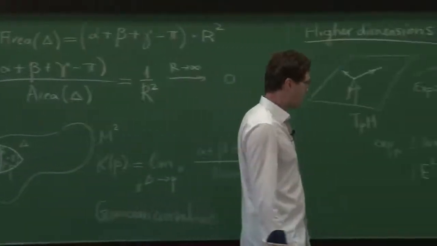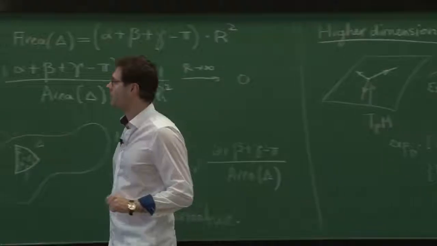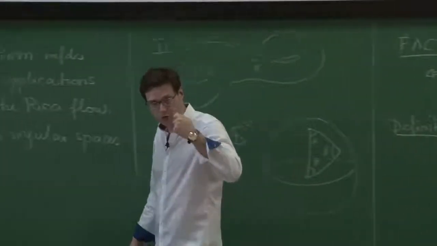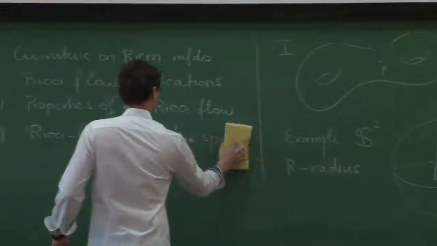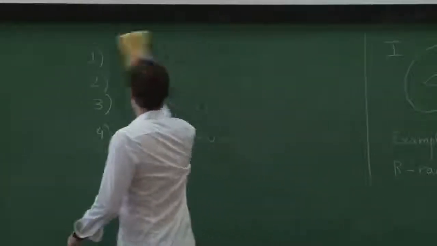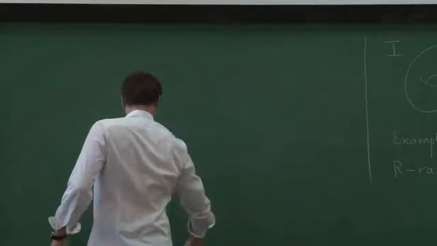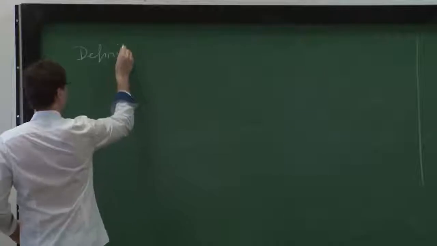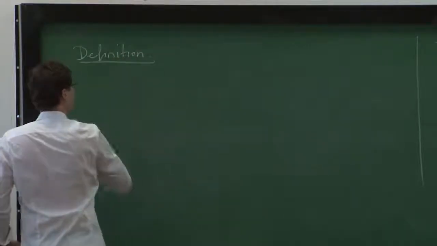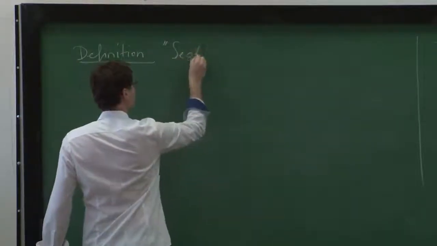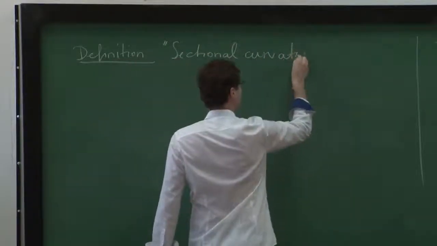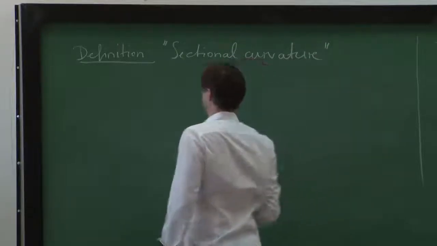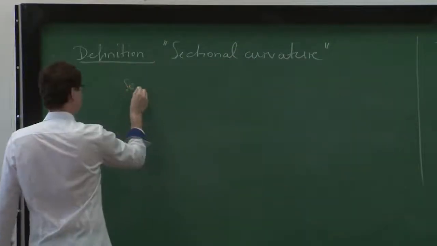So what happens now? We can now write the definition of curvature in higher dimensions. Definition. It's called sectional curvature. And what it does is the following.